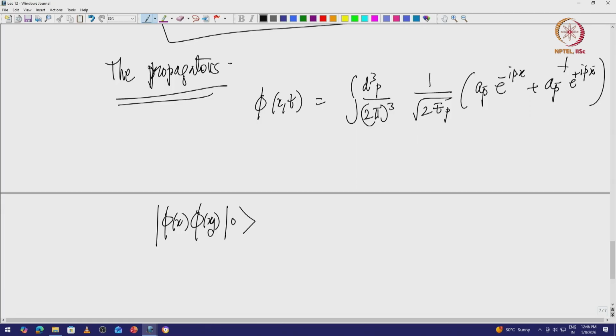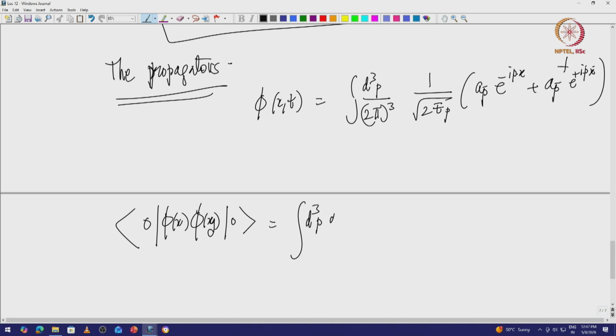So how is this given? The amplitude is given by a vacuum expectation value of phi of x phi of y essentially. This is given by an integral. Now we know what is phi of x and phi of y.